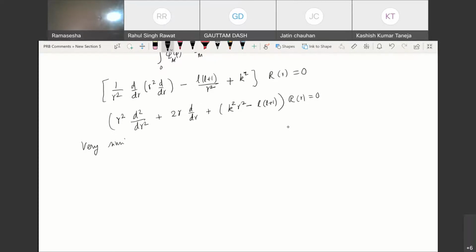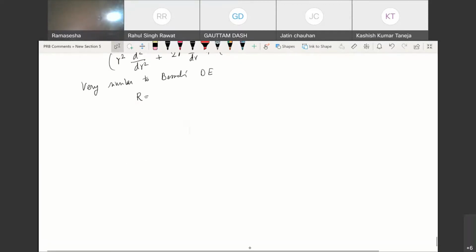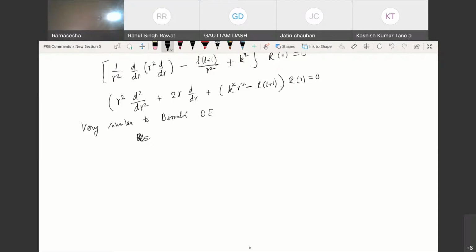So now what I'll do is say that I change the function R of r to u of r, with the root of r. Okay.